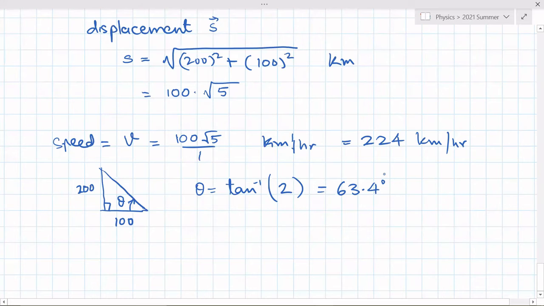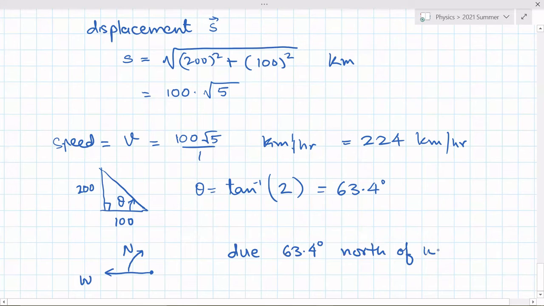So how do we say this? This is west of Denver, right? And we are going which way? We say due 63.4 degrees north of west. Starting from west, moving north, and we move by 63.4 degrees, then that's the direction.